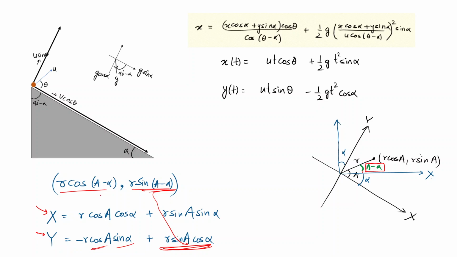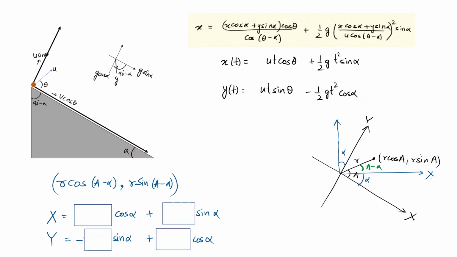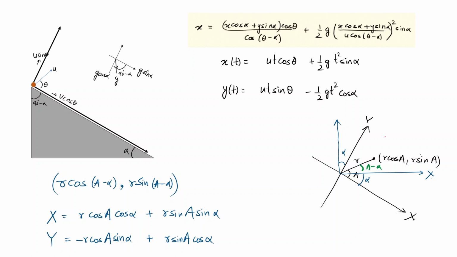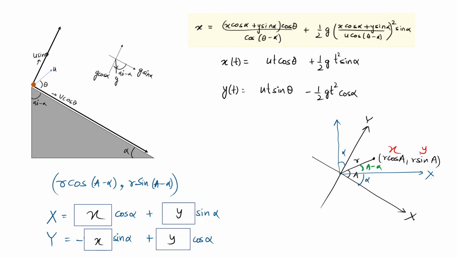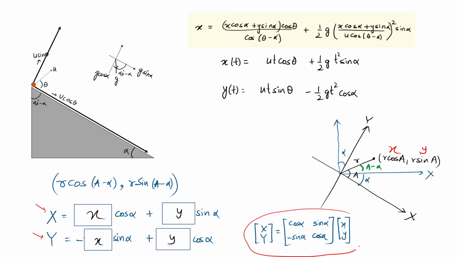So expanding this, you can say that these terms here, r cos A was your previous x and this is your y, the previous coordinates in the previous system, so you can replace them by x and y. So you can say that the new x and new y coordinates are like this. You can also represent it using matrix notation, and this is the very famous rotation matrix which we have here.